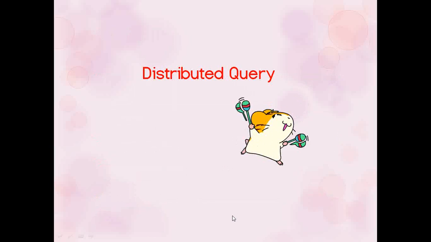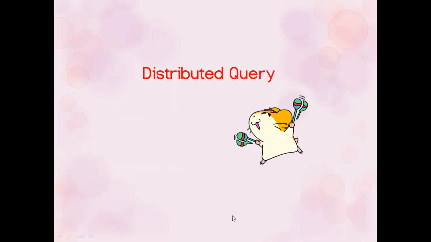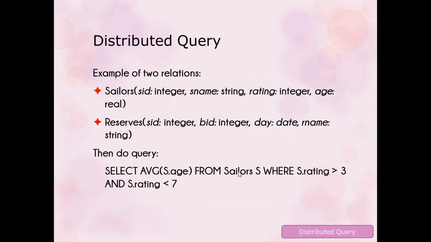Distributed query. Next subject. Here is an example of the relations. There are Sailors and Reserves. Sailors has sid, which is an integer, sname, which is a string, rating, which is an integer, and age, which is real.